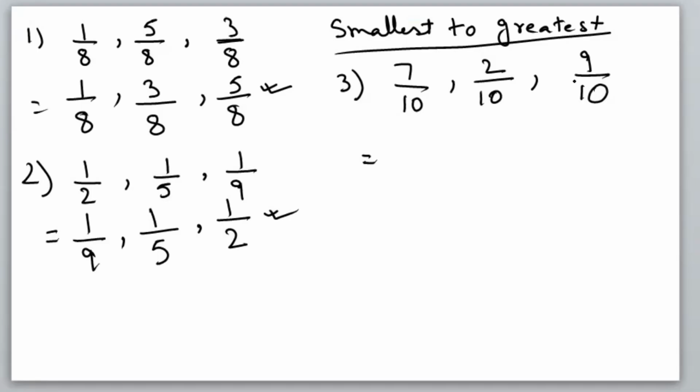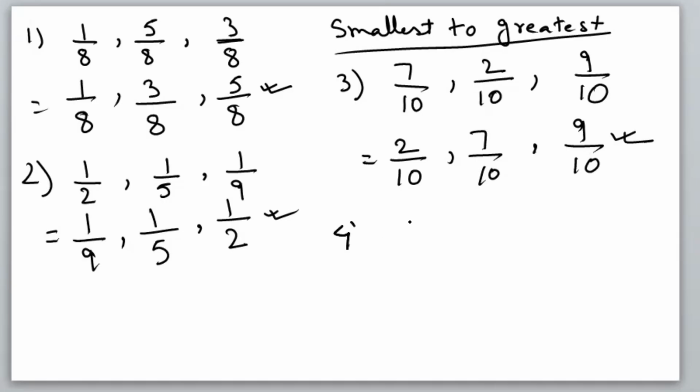Bigger the numerator, bigger the fraction. Then comes the 7. And which one is the smallest? 2. It means 2 over 10 is the smallest fraction. Then comes 7 over 10, then 9 over 10. This is the answer.